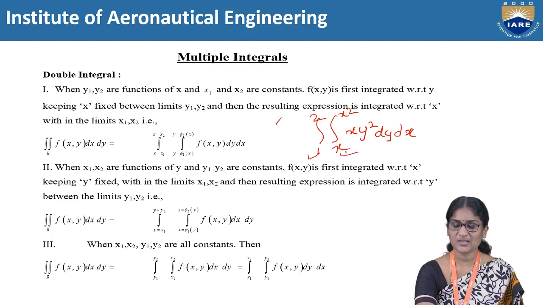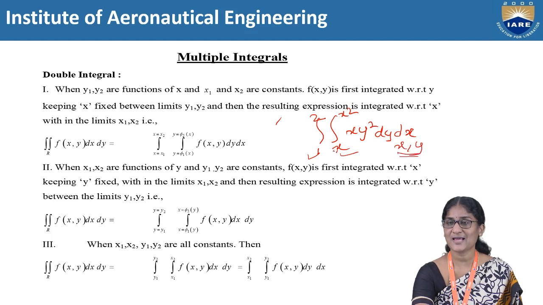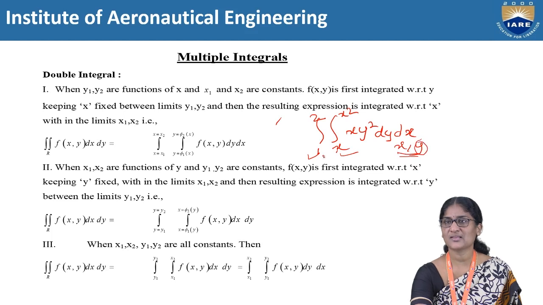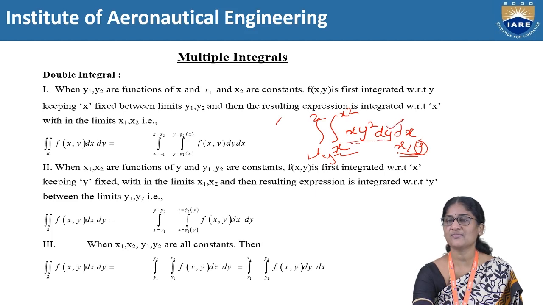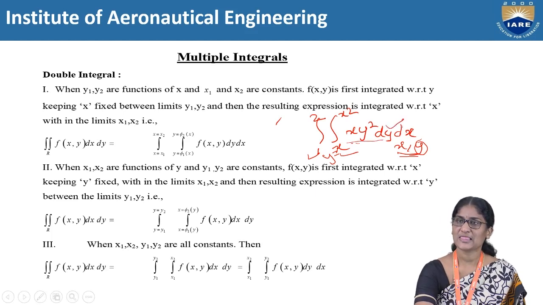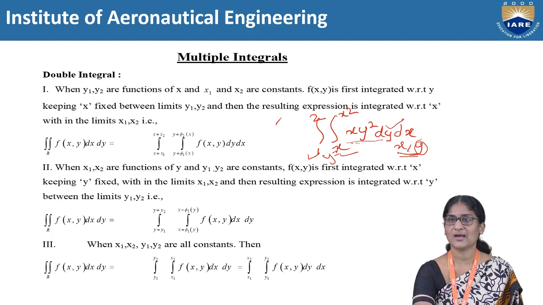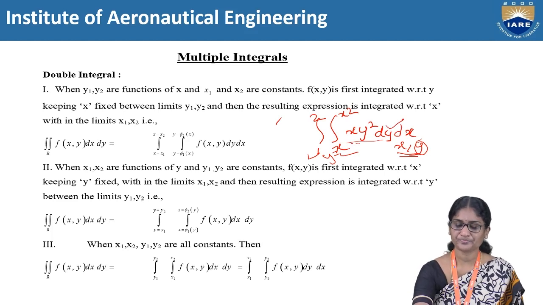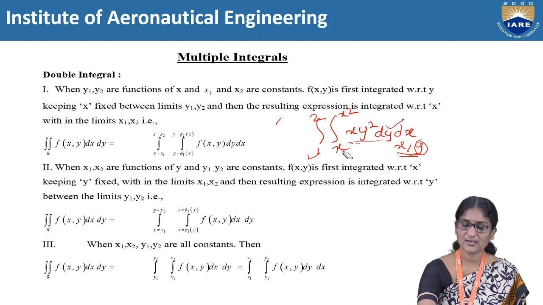Now how many types of variables are there in this question? He has taken 2 variables. As the limits are in terms of x, they will be for y. So first I have to integrate with respect to y, then everything will be converted to x, then you start integrating with respect to x. I'll repeat once again. Now you have the integral from x to x square.